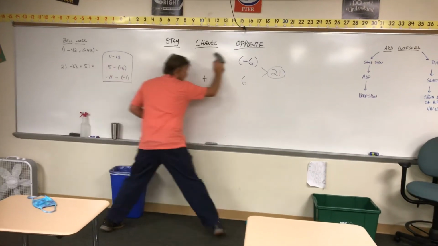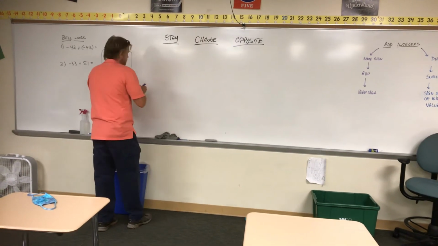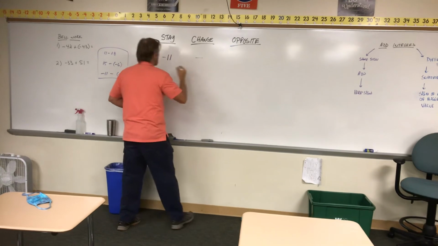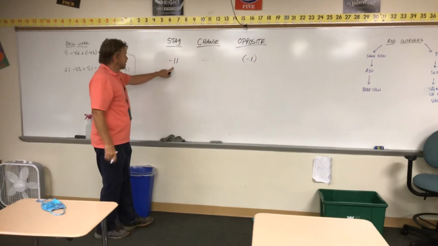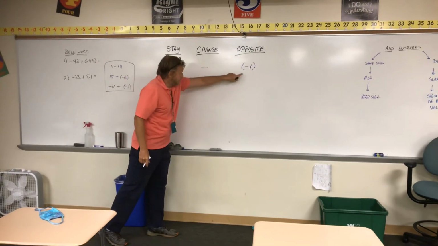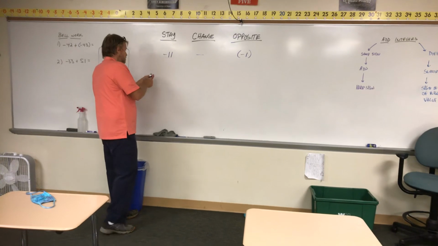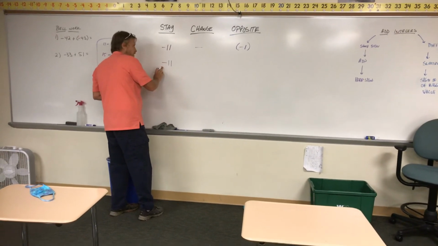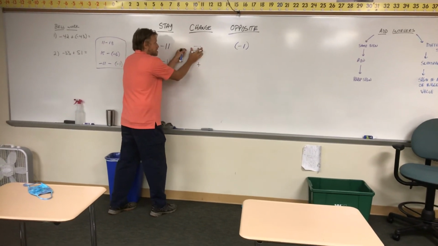Subtracting a negative. And the last one, the toughest one, where we start with a negative: -11 minus -1. We start with a negative and we subtract a negative. Well, if you can remember stay, change, opposite, this becomes -11, stay, always change the subtraction problem to an addition problem.